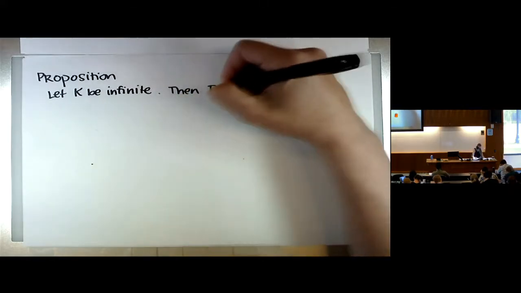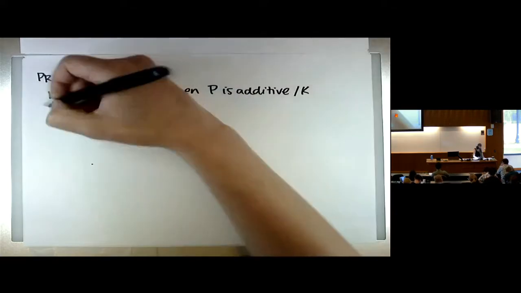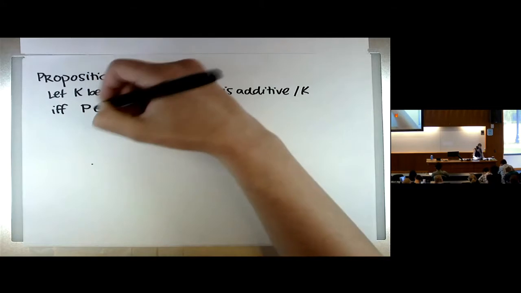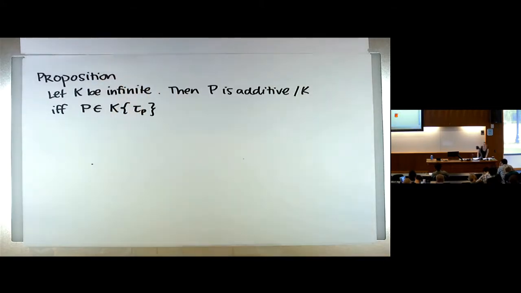Then P is additive over K if and only if P is an element of this twisted polynomial ring that I defined. So right now, you might think, why did you go through the trouble of making it a ring? That payoff will come later. For now, I'm just saying, if the only exponents that appear in P are x to the 1, x to the p, x to the p squared, etc., that's the only way to get an additive polynomial for an infinite field.